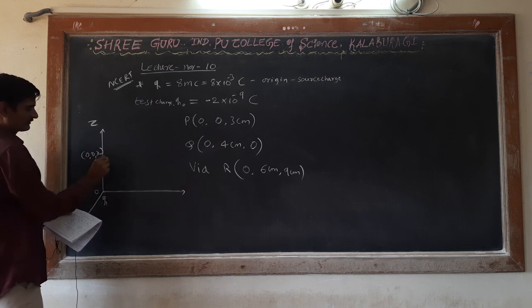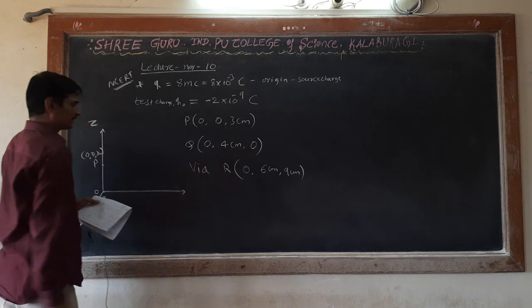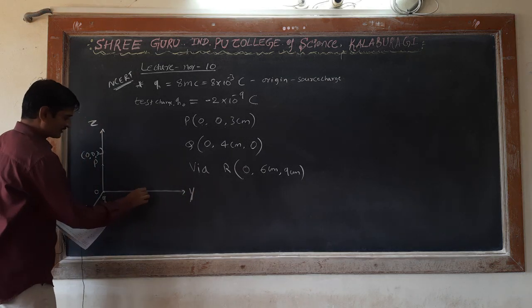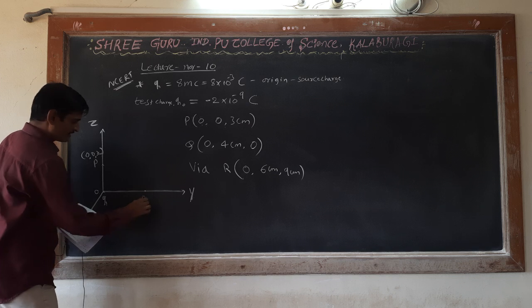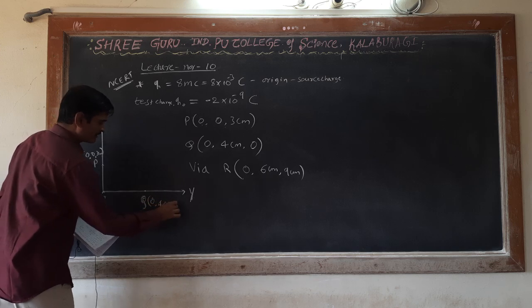Point Q, 0, 4 centimeter, 0: 4 centimeter is on the y axis, so I will write this as y axis. This is point Q having coordinate 0, 4 centimeter, 0.